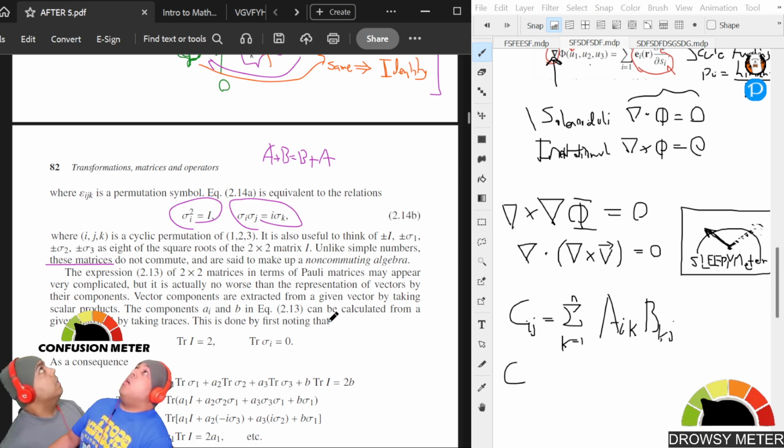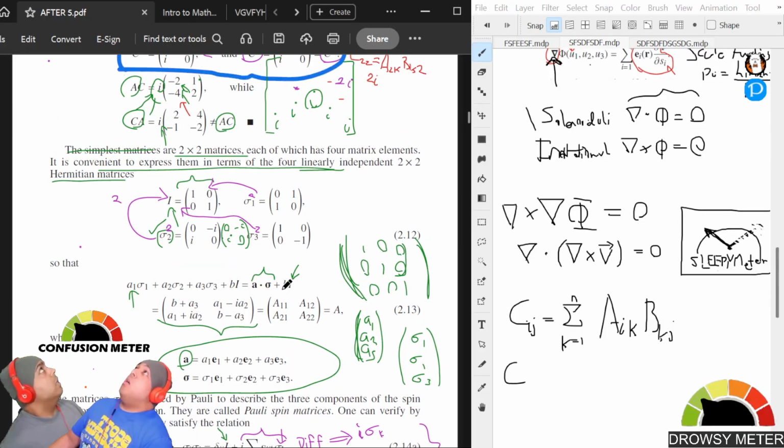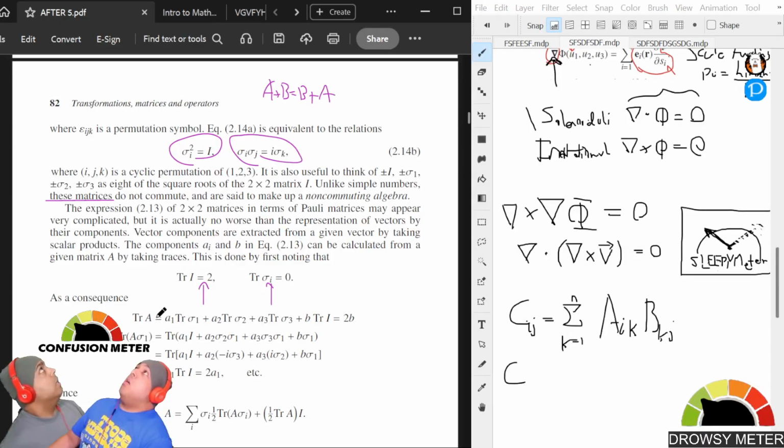This is done by first noting that the trace of I is 2. The trace of any of these guys is 0. Yeah. As a consequence, trace of A can be calculated from a given matrix A by taking traces.